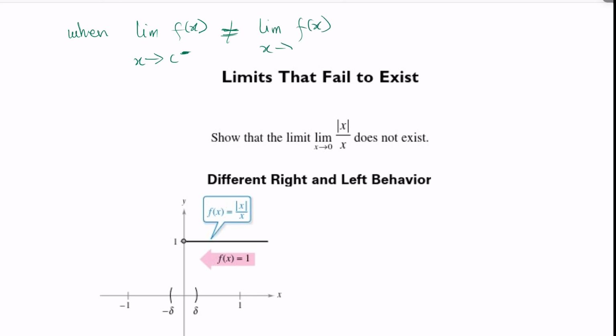If the two are not the same, then we say the limit does not exist. Great. So let's look at examples of limits that do not exist.